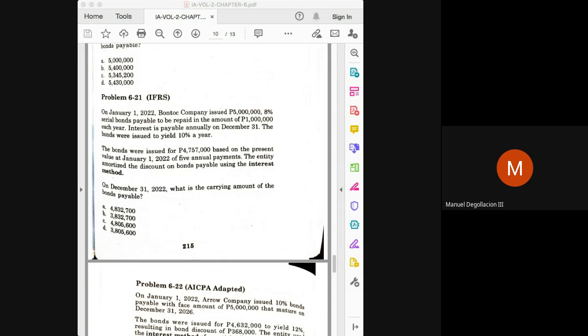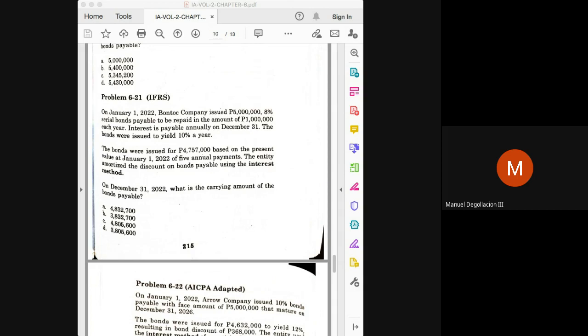Okay, so out of the 1,400,000 total payment that we will be making, 475,700 of that will be applied to interest.